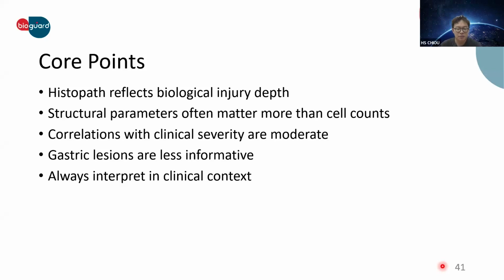And perhaps most importantly, interpretation must always integrate multiple domains, including clinical signs, lab findings, imaging results, and response to therapy. Because pathology informs, it doesn't dictate. The biopsy adds biological insight, but clinical judgment remains central.